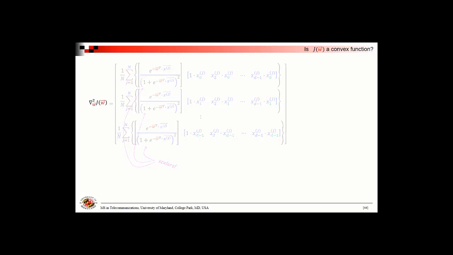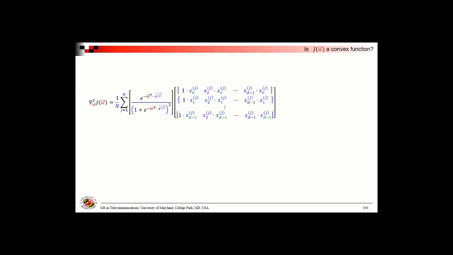What does that tell us? It tells us that we can actually factor out that scalar from this matrix. And we end up with 1 over n summation j equals 1 to n of that scalar times this matrix with each one of the rows which we derived independently before.